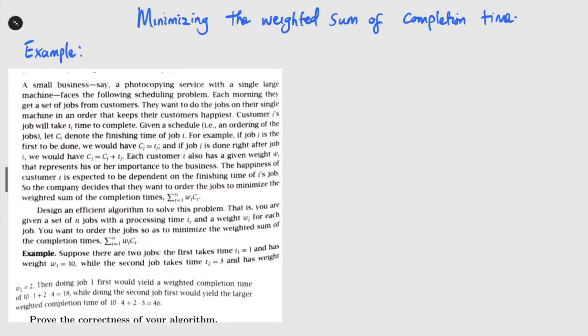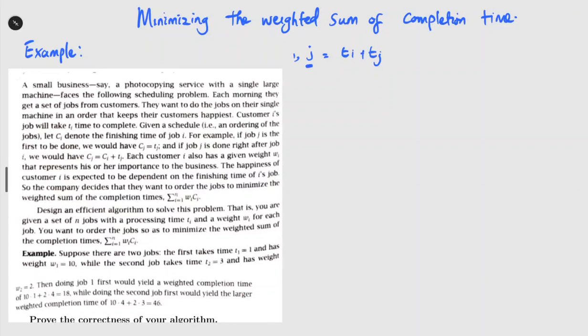So for this problem, first off, the completion time for each job. Supposing the first job is job J, the completion time for job J is, let's call it CJ. But if job J is the second job, that means maybe it has job I before job J, then the completion time for job J becomes TI plus TJ, right?